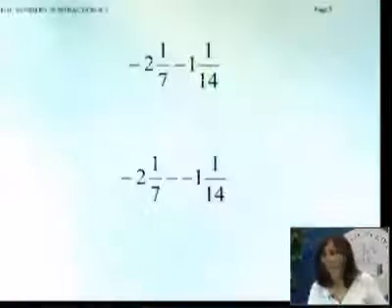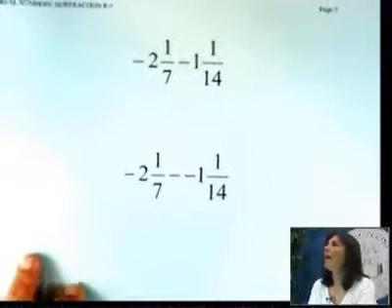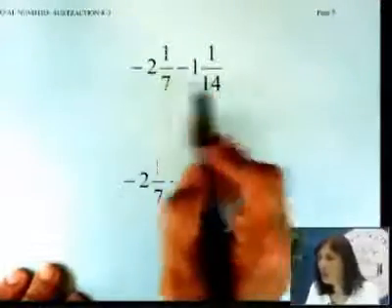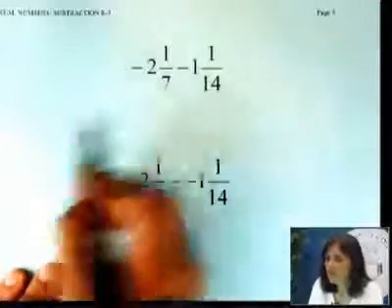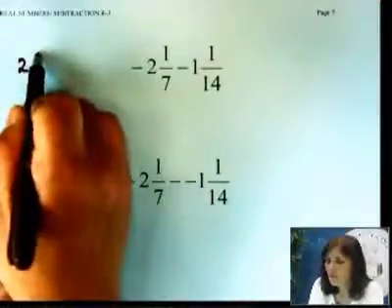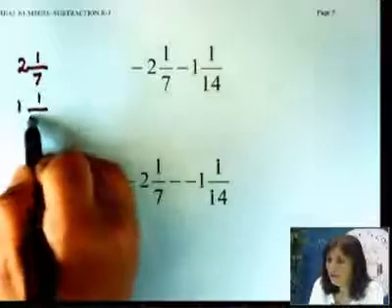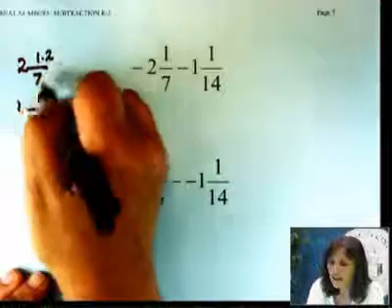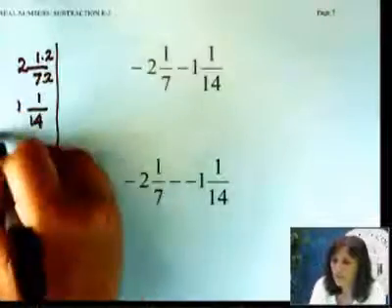Okay, right along. Now, what happens when I have mixed numbers? I'm subtracting two negative numbers, so I'm going to the left. So I'm going to add those numbers to the left, but I need to pay attention to the fractions. So I'm going to put 2 and 1/7 here, and 1 and 1/14. I know that I'm supposed to go to the left, so just go to the side and match the denominators.